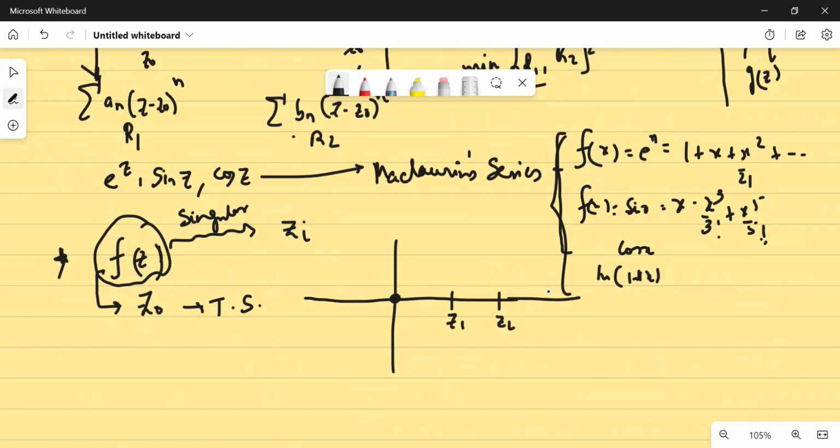Let's say all the singularities are real only, and z naught is this point. The maximum I can do is make this sort of circle, of radius modulus of z1 minus z naught.